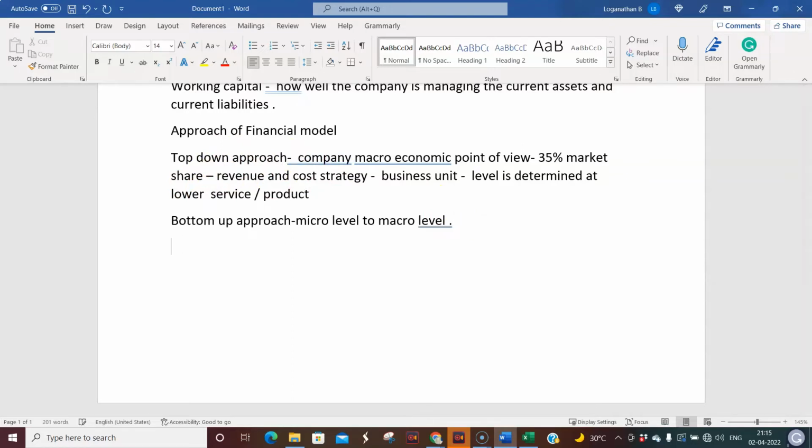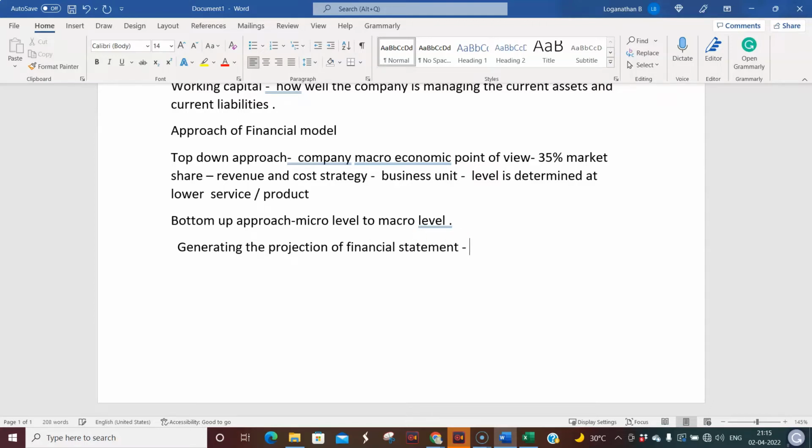So broadly, the financial model normally could be done for anything. It could be a revenue model to be generated, or it could be a cost model to be generated, or it could be generating the projection of the financial statements.